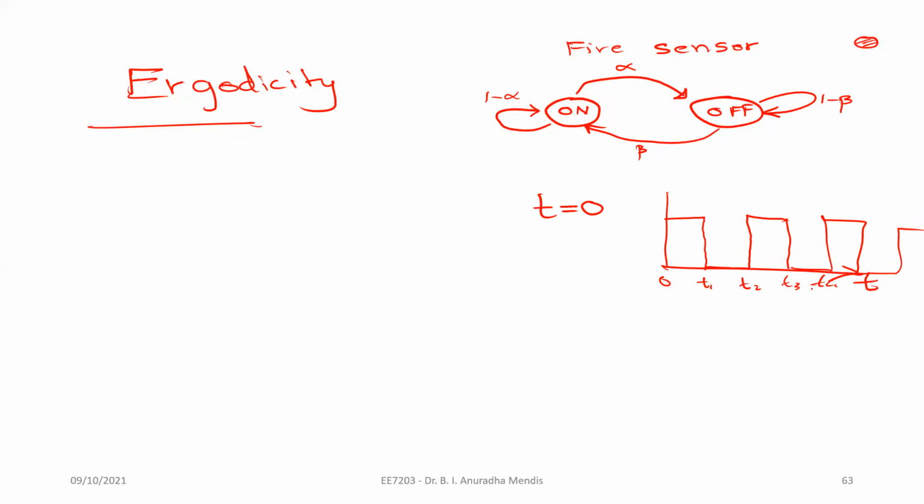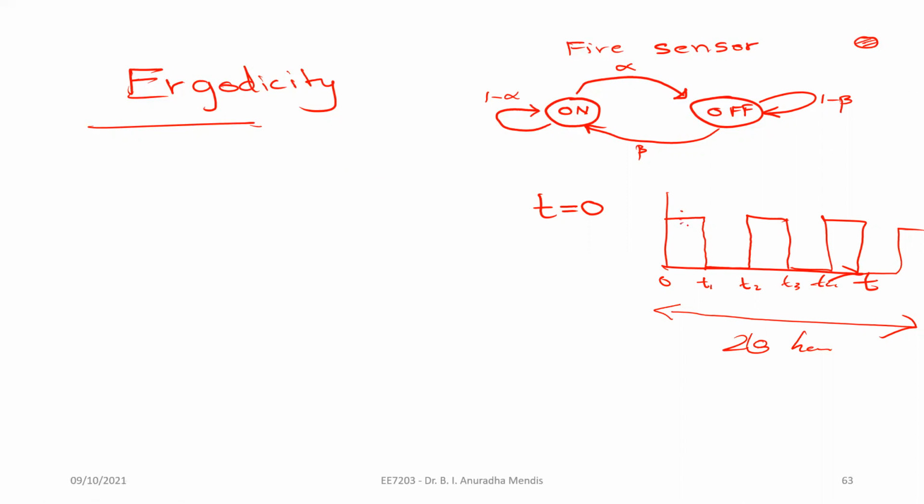After a sufficient time period has passed, not at the very beginning, but let's say some 10 hours or 20 hours, once you pass that time, can you identify the probability that the sensor is in the on state, or the probability that the sensor is in the off state? At the very beginning, you can't have that probability because you don't have much data.